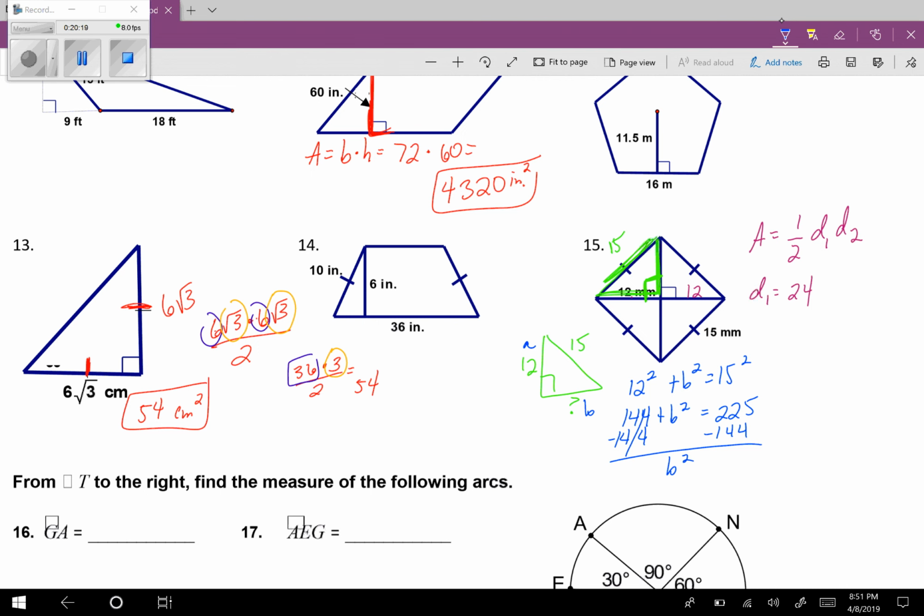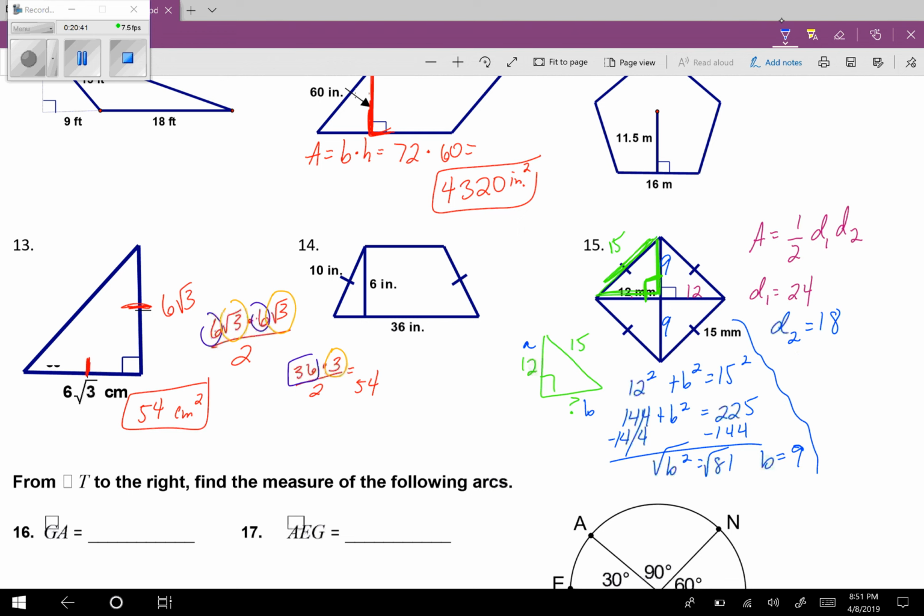And so you get b squared is 81. So to find b, take the square root. So b is 9. And that's going to be each half of your diagonal. So this top half is 9, the bottom half is 9. So diagonal 2, it's 18.